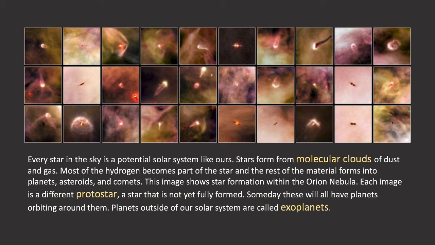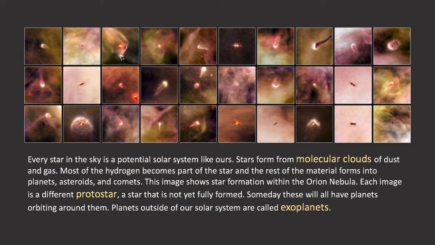The Orion Nebula contains many, many potential solar systems, and here's a sampling. These pictures are a sampling of stars in the initial stages of formation, what we call protostars. So they're not quite stars yet. We'll talk about what makes a star later on, but it hasn't totally formed into a star; it's beginning to.